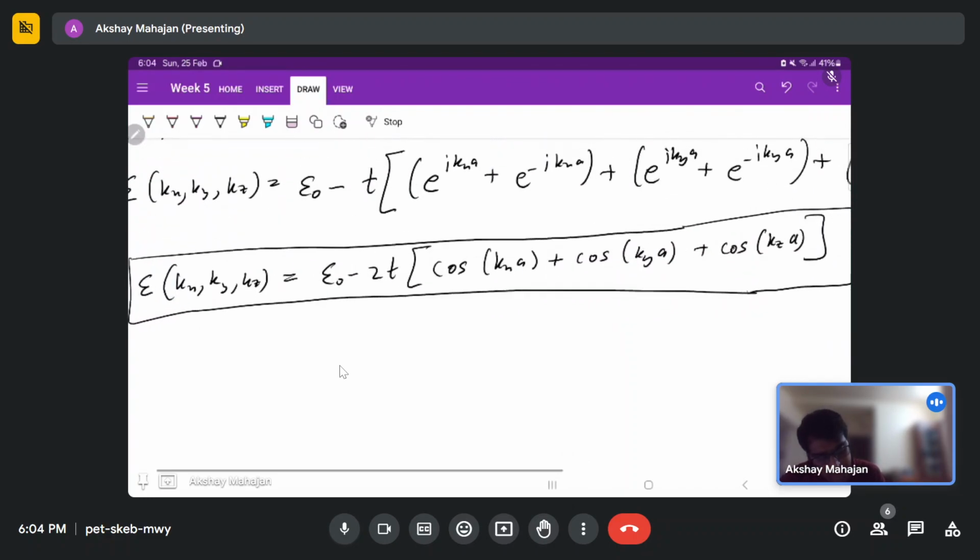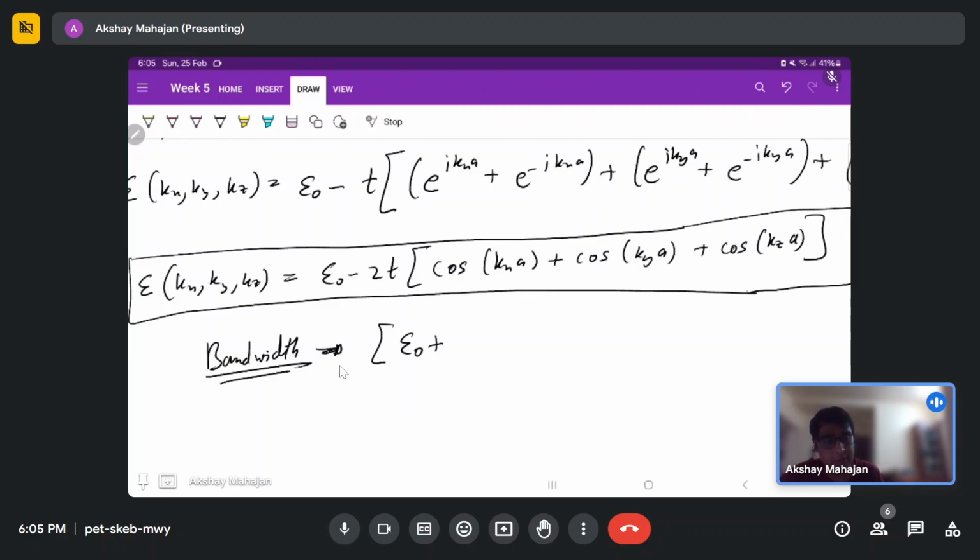This is our energy dispersion, and it is not asked, but if we have to find the bandwidth, this was asked in one of your assignment problems. In this case also it will be epsilon naught plus 1 plus 1 plus 1. Okay, so the maximum value would be when each cosine is minus 1. That will give you minus 3 times minus 2, which is plus 6.